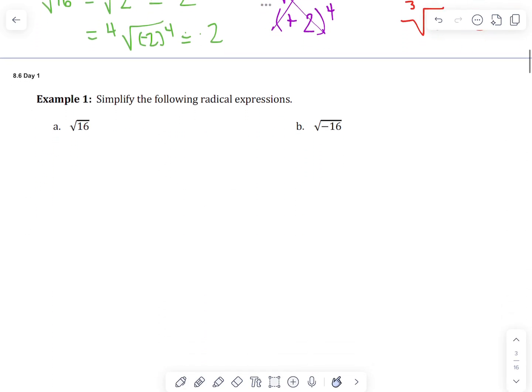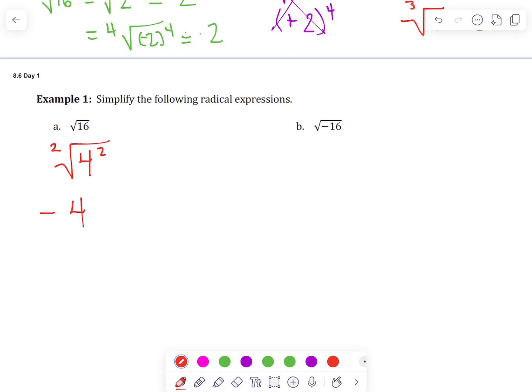All right, example 1. Simplify the following square roots. So we have the square root of 16. The index is 2, it's not showing there. So I'm going to just rewrite 16 as 4 squared. So we're going to get 4, and that could be a plus or a minus because it has an even index.